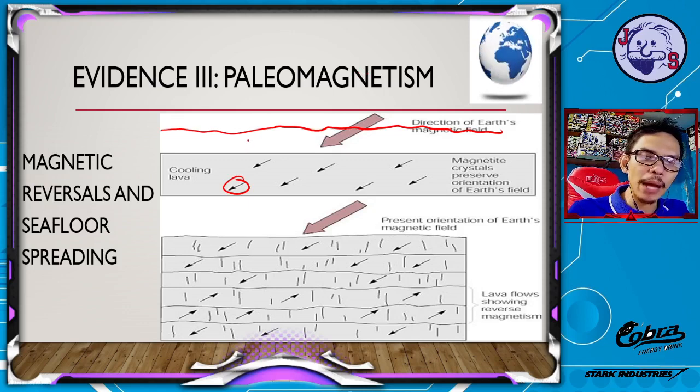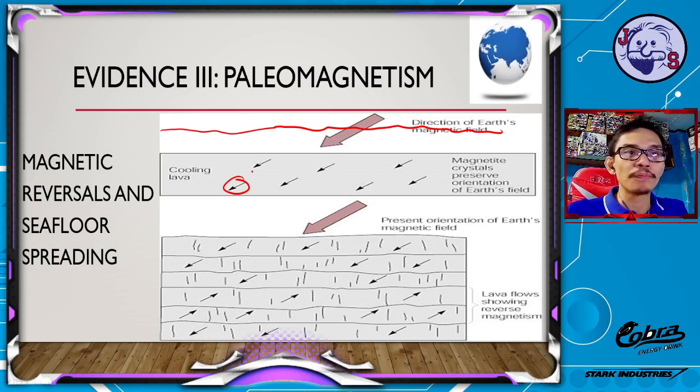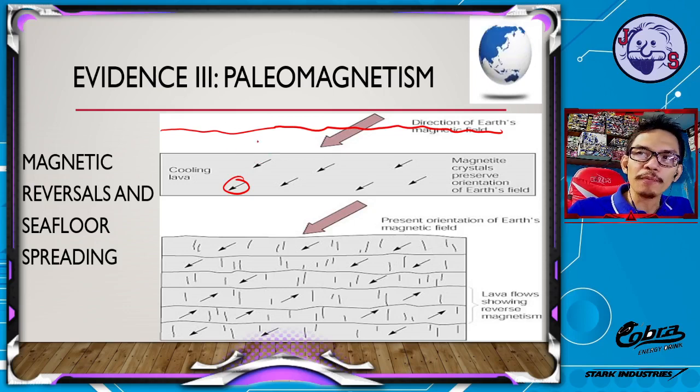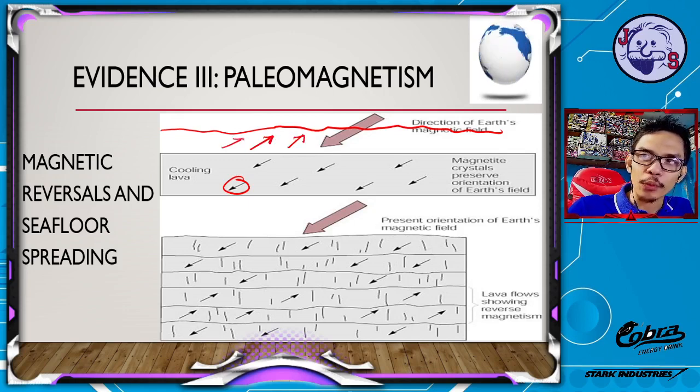So the magnetite in that particular lava is free to move because it is in a liquid consistency. If the magnetite detects the magnetic field of the Earth going that way, then it points that way.